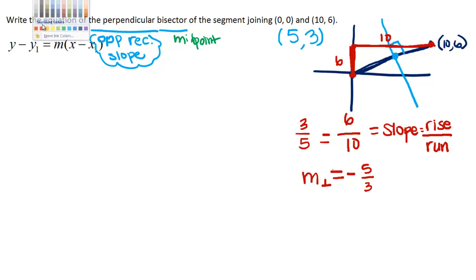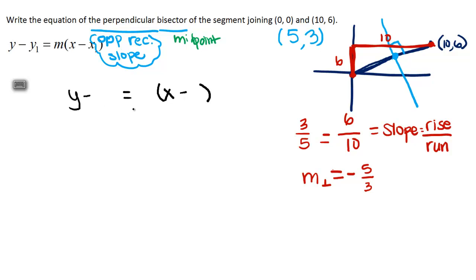So let's plug it in. I'm going to go y minus, leave some space, equals, parentheses, x minus. I do this every single time because I just like to fill it in, almost like popping it in right there. I want to pop in my point and pop in my slope. That's negative 5/3.